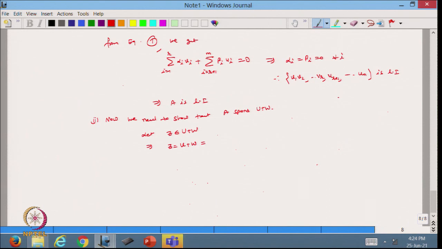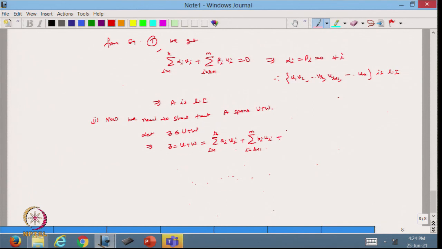Because u is in U, I can write this as a linear combination, summation i from 1 to r, some a_i's into v_i's, plus summation i from r plus 1 to m, b_i and u_i, because this is the basis for this one.